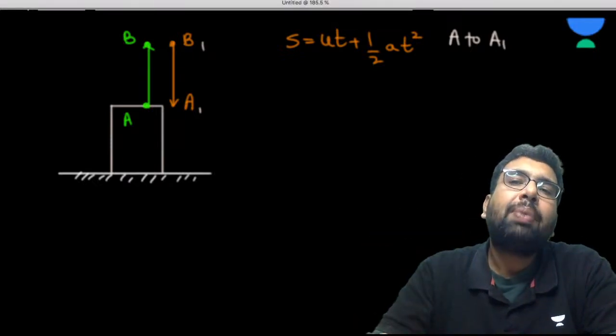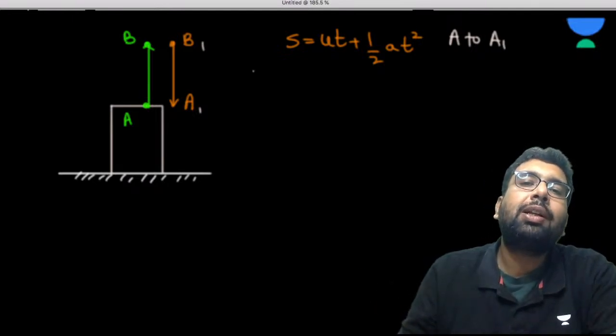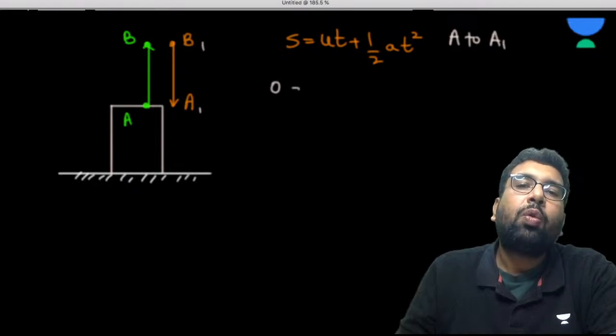Now, if I directly apply this equation, s is the displacement. From A to A1, what is the displacement? It is 0. Now, what is the initial velocity u?